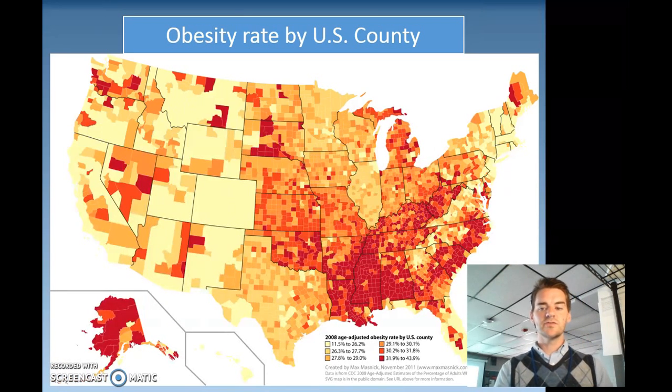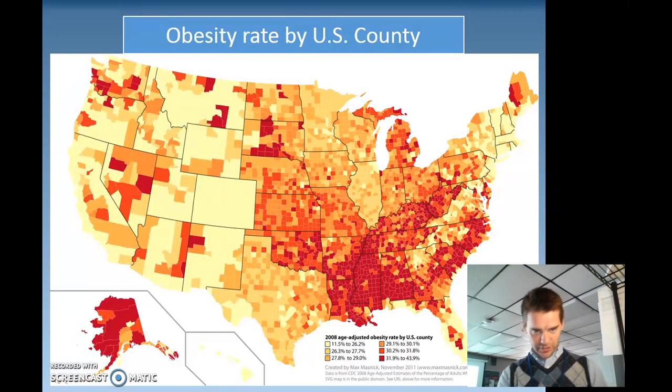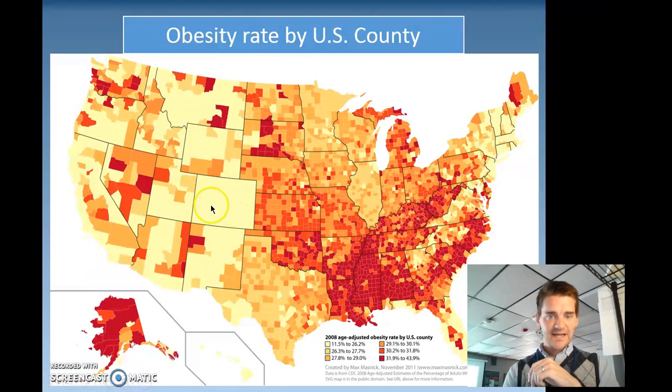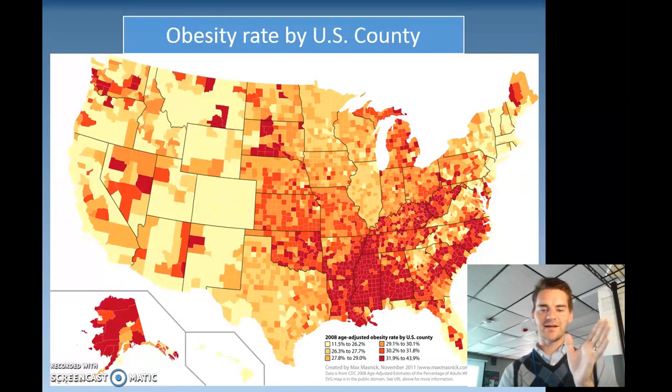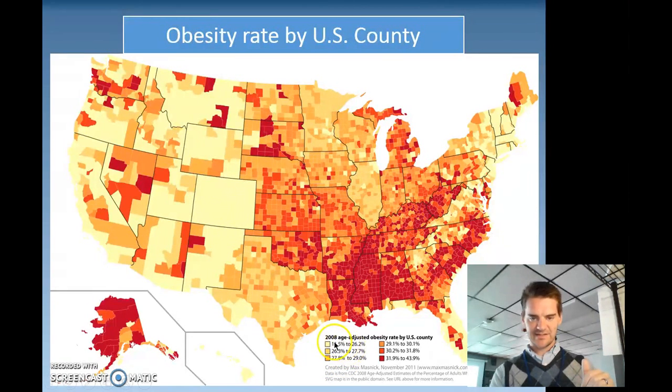This third one has to do with health, specifically the obesity rate. So one thing that stands out, well, actually there's two things in my mind. The first thing is that Colorado apparently has no county where anyone is obese. Well, maybe not completely anyone, but there's no county where more than 11.5%, it says down here in the key, in the year 2008, were obese.